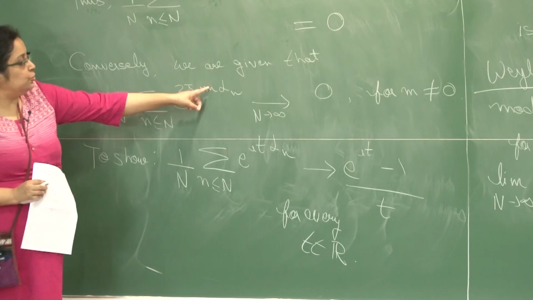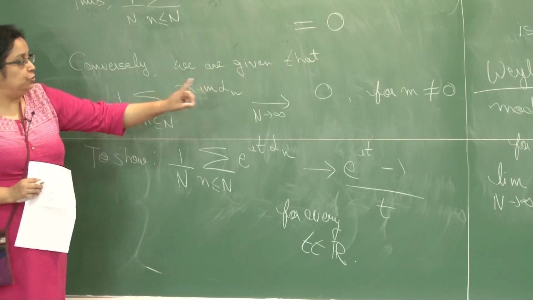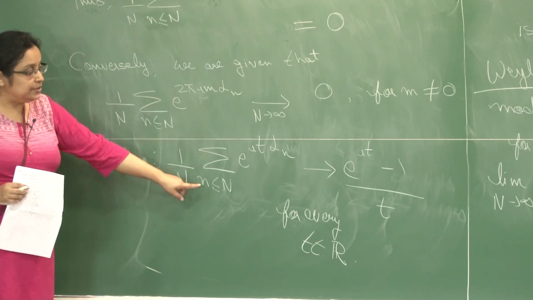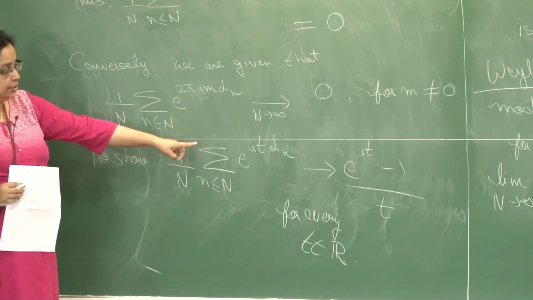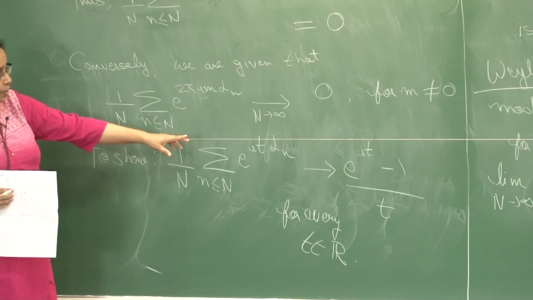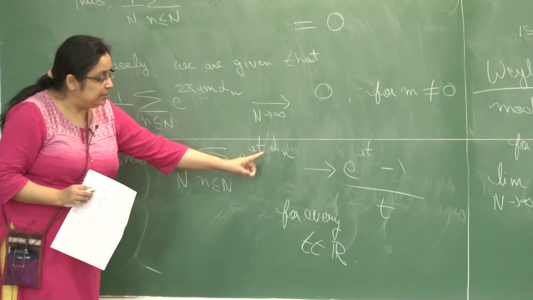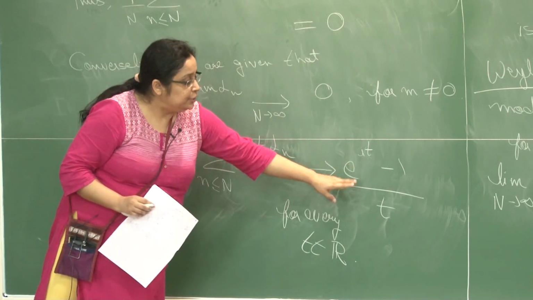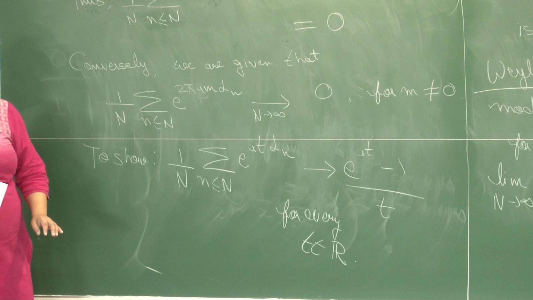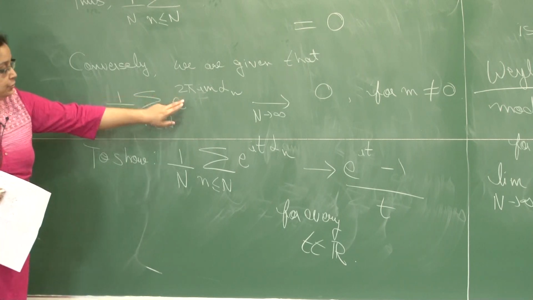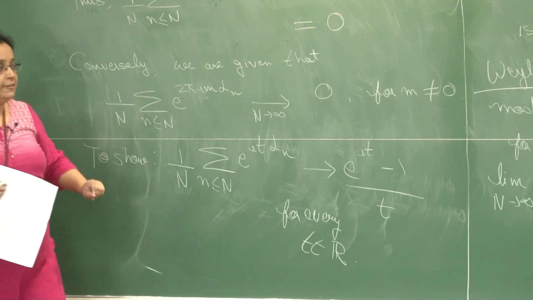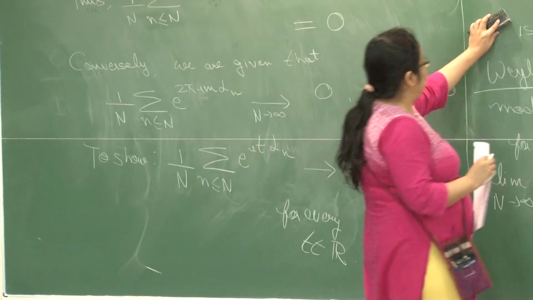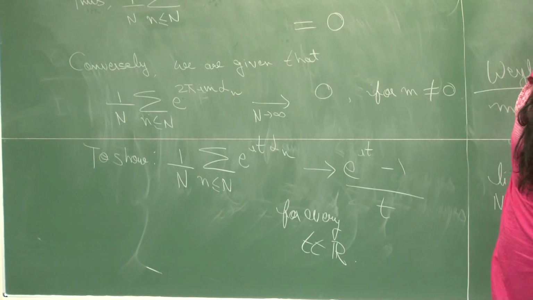For m equal to 0, this is tending to 1. From that you have to deduce that the characteristic function of these random variables converges to the characteristic function of the uniform distribution function. This is something I will let you think about. We can revisit it in our next class, but before we finish, let me show you a nice application of Weyl's theorem.